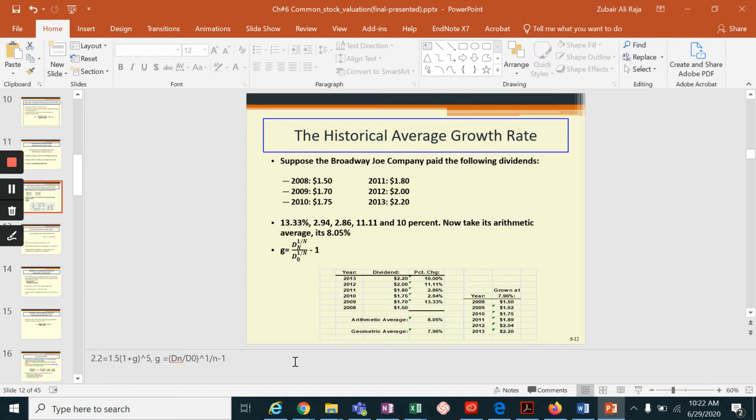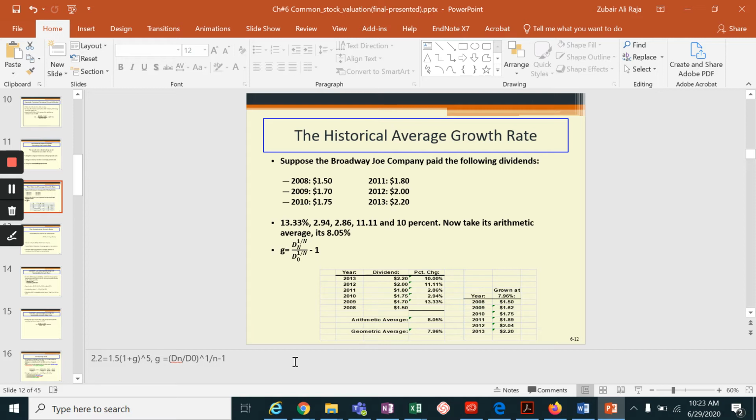This is one way in which we can find the growth rate, which can eventually be used in a perpetual growth dividend discount model. As I mentioned earlier, analysts usually use the geometric average in their calculation.